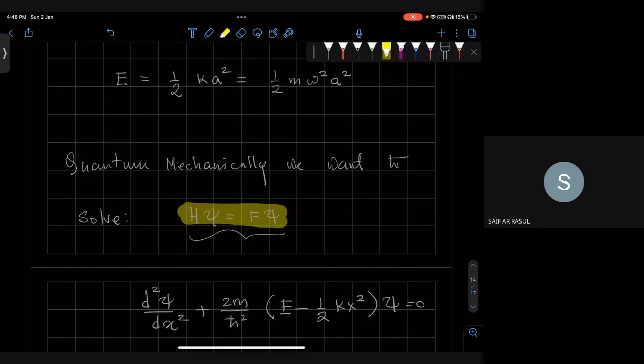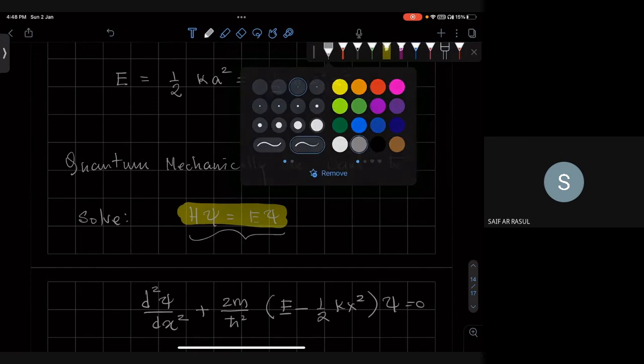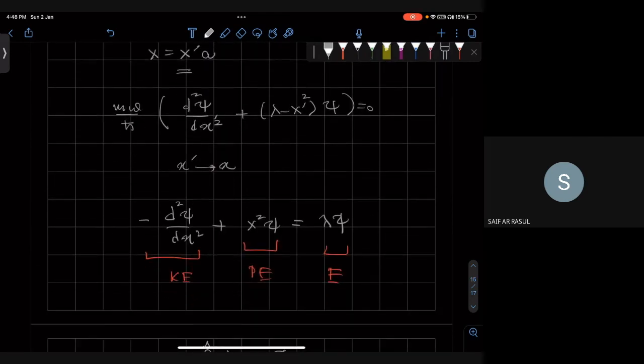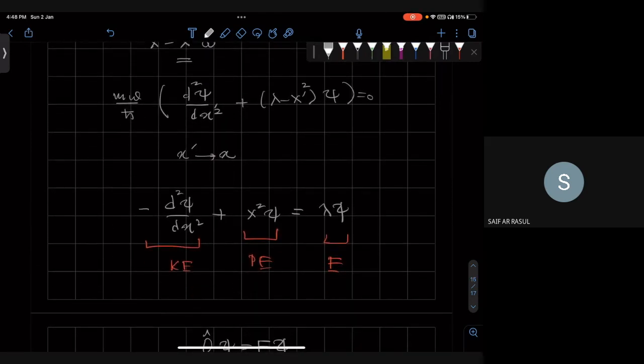What I've done is that essentially I've taken some units which are more natural, because we have chosen dimensionless units for energy and distance.